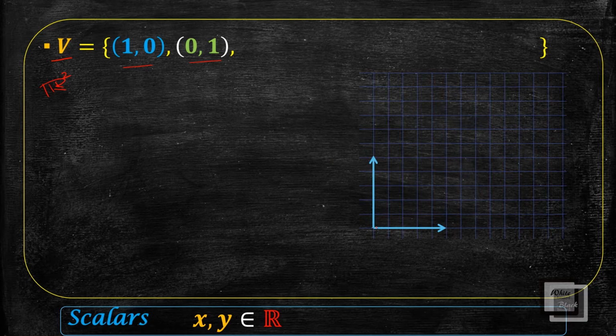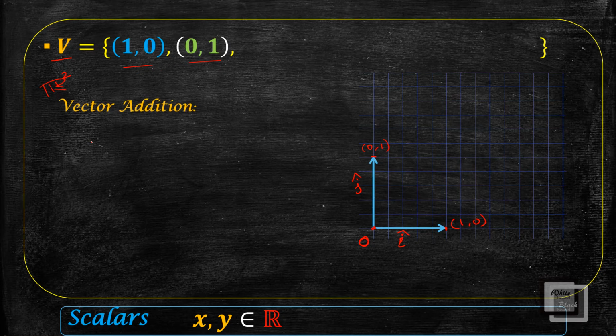Here, with reference point O, this vector with endpoint (1, 0) represents the unit vector i cap, and this vector with endpoint (0, 1) represents the vector j cap, written as (1, 0) and (0, 1). I included these two vectors in V.